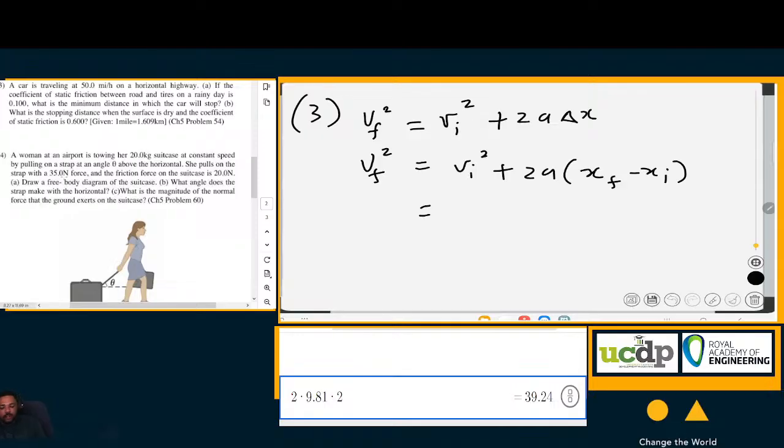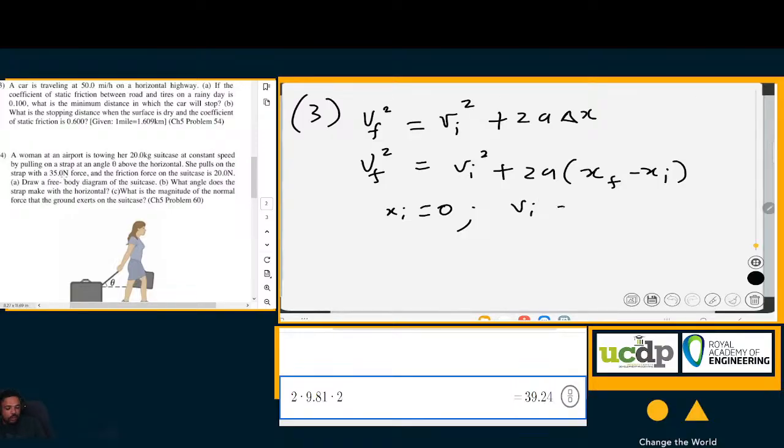How long does it take to come to a complete stop? Now, x initial in this case will be 0. Why? Because that's where we start measuring the distance. Okay, so x initial is 0.